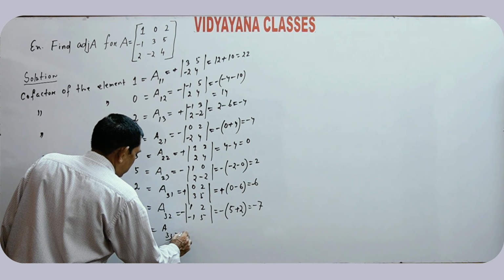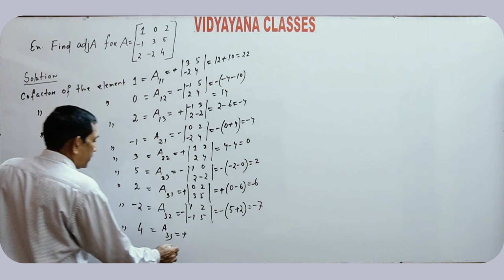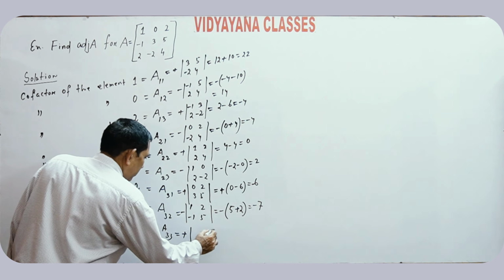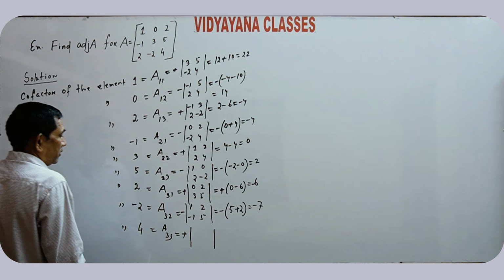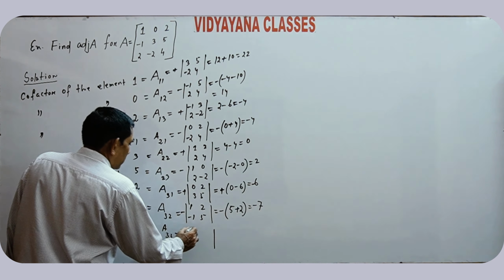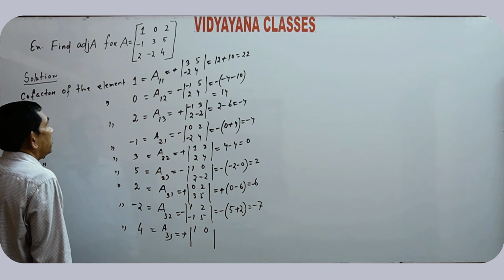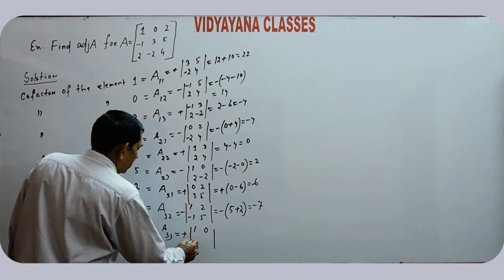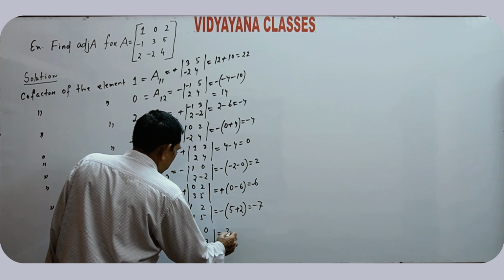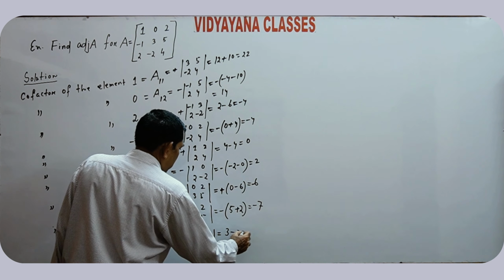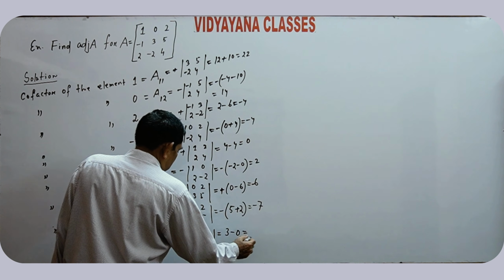Its sign is positive, into the determinant obtained by deleting the third row and the third column, having elements 1, 0, minus 1, 3, which is equal to 3 minus 0, that is equal to 3.